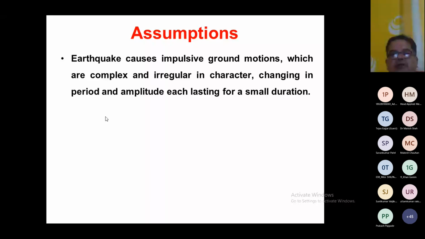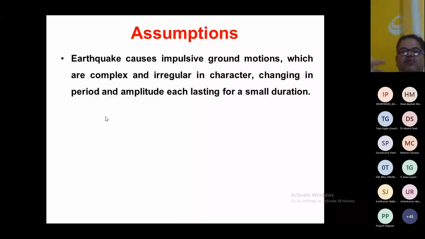What happened? They concluded that it was a very low frequency earthquake, and throughout the shaking the frequency did not vary much. It does not go between 3 hertz and 20 hertz, it is not changing its frequency.